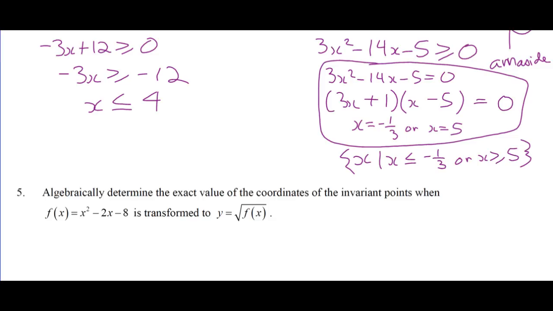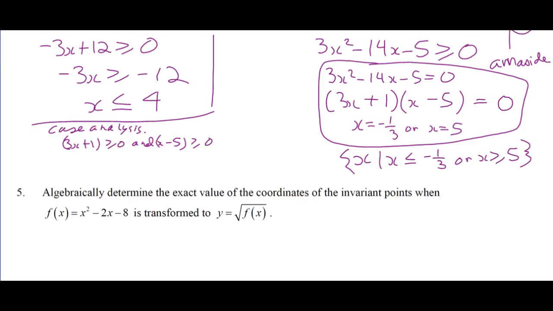But let's take a moment and do a case analysis on this, because sometimes we actually have to do that kind of stuff. A case analysis says if I want this times this to be greater than or equal to 0, then they both have to be positive, which means I need 3x plus 1 greater than or equal to 0, and x minus 5 greater than or equal to 0.